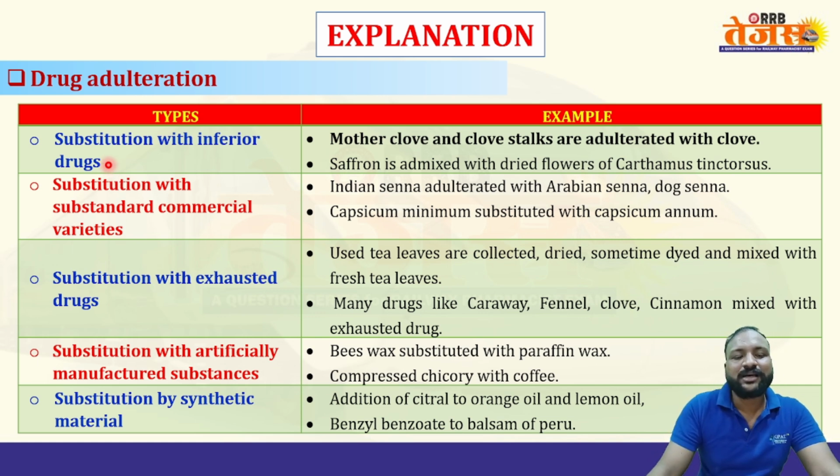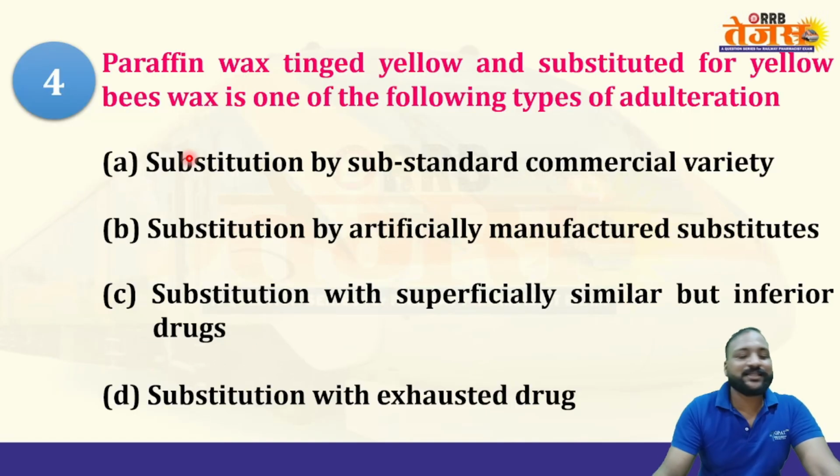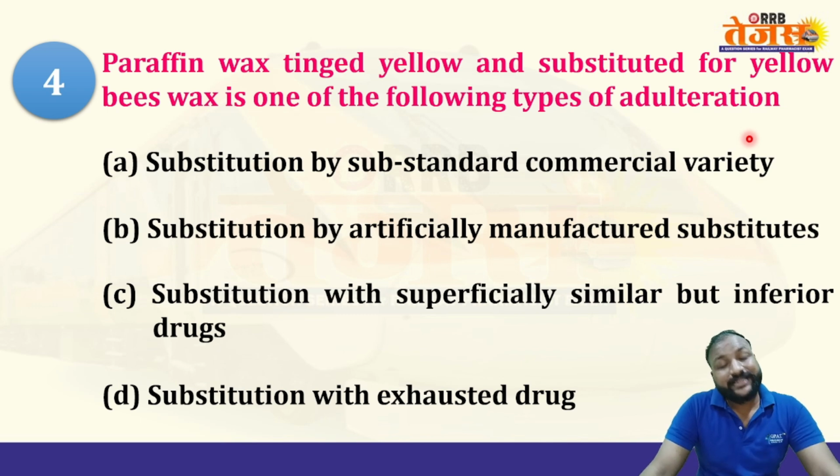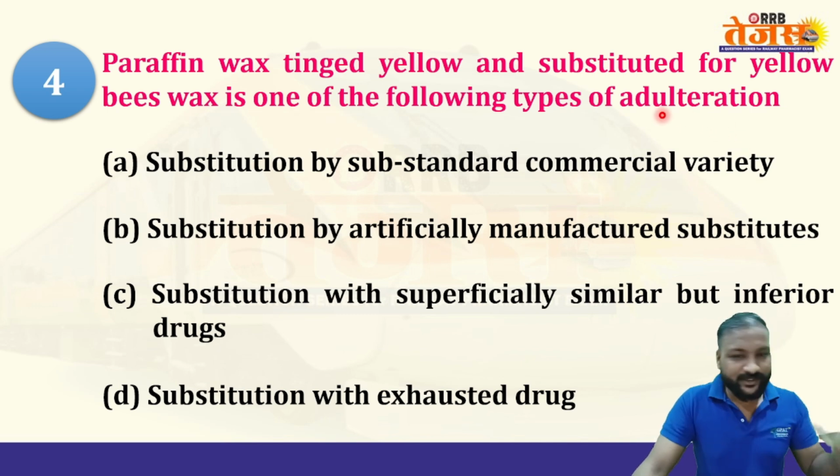But here the question is, the mother clove and clove stalks are adulterated with the clove, so that comes under the substitution with inferior drugs. Next question in this series: paraffin wax, tinged yellow, as a substitute for yellow beeswax is one of the following types of adulteration. Just now I explained that in table form.